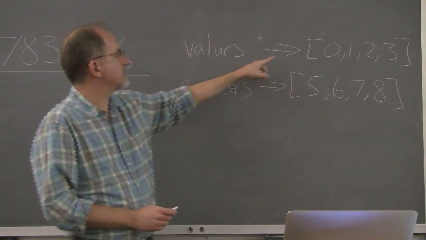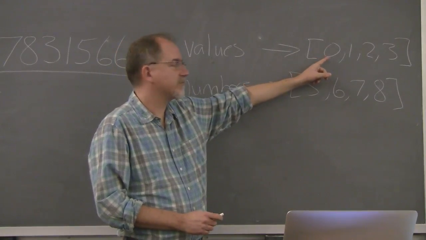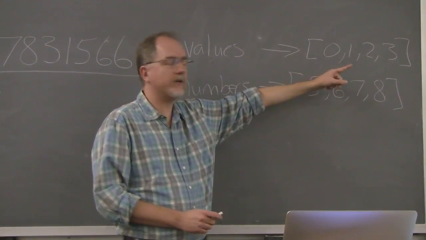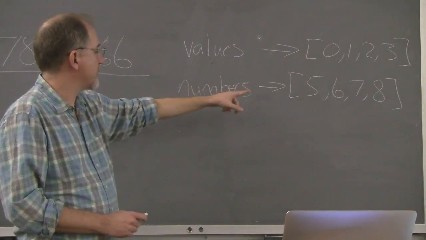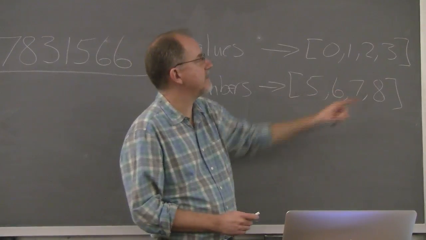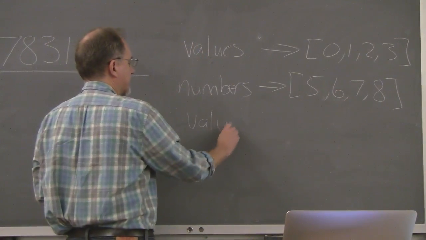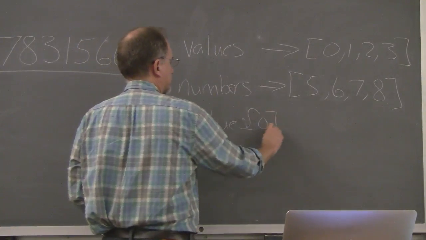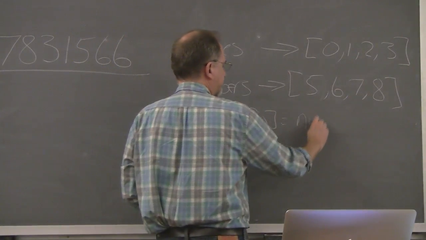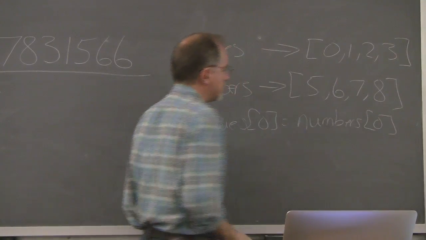So we have our values array, a reference that is pointing to this object that holds 0, 1, 2, 3. We have our numbers array that is pointing to an object that holds 5, 6, 7, 8. And then I say values at index 0 equals numbers 0.